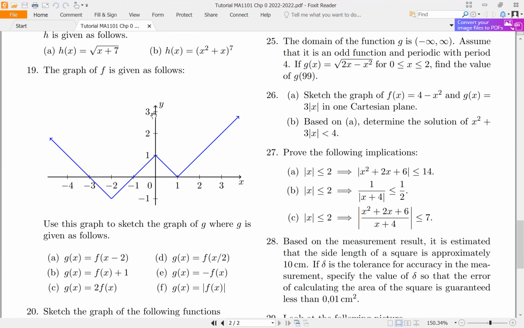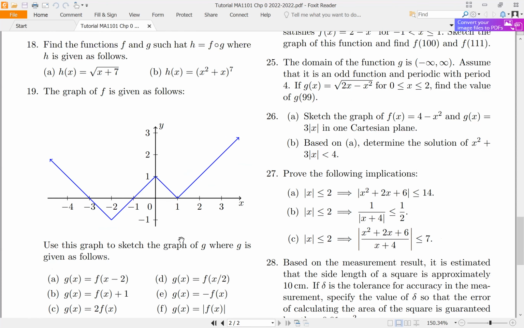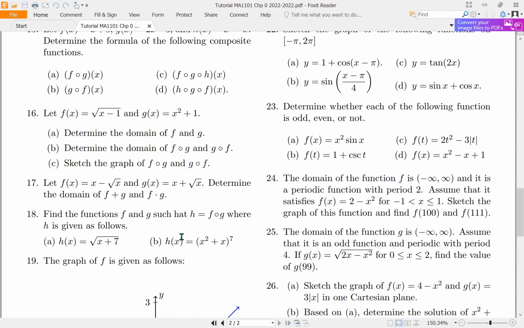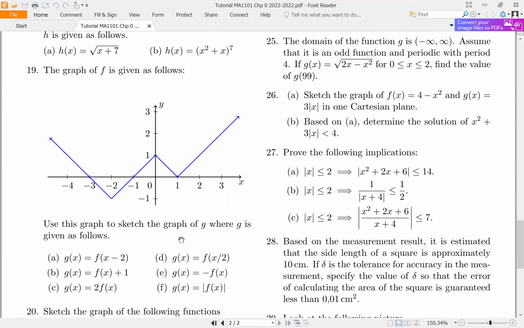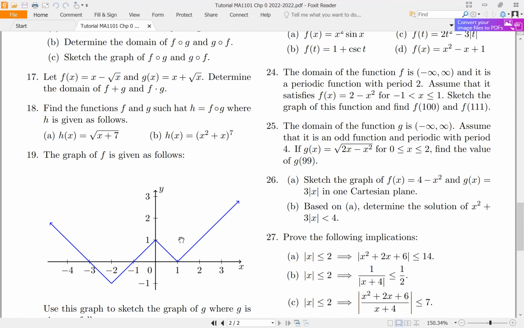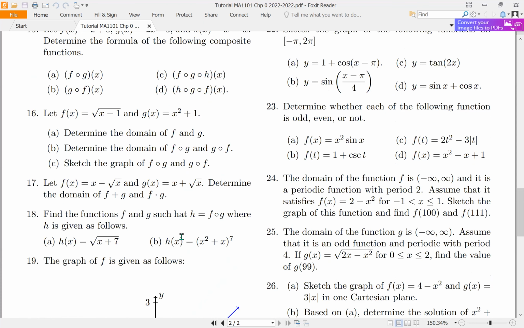Of course, you have to check C, D, E, and F as well. Although we can see this as the translation or dilation of a function, you may also view this as a problem about the composition of functions.